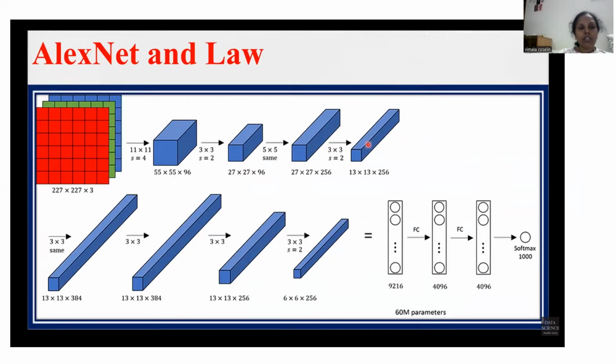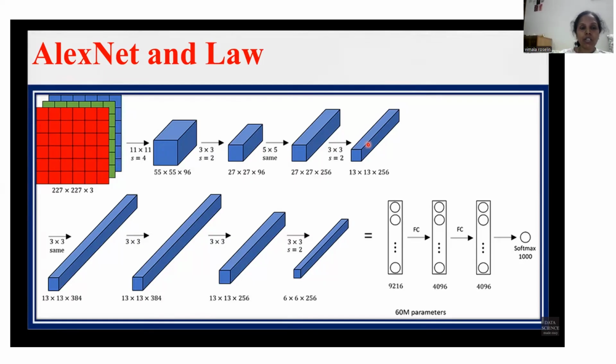AlexNet. It uses GPUs to boost the training performance, and it consists of five convolutional layers, three maximum pooling layers, two normalization layers, two fully connected layers and one softmax layer. Each of the five convolutional layers consists of convolutional filters and a non-linear activation function called ReLU, rectified linear unit.